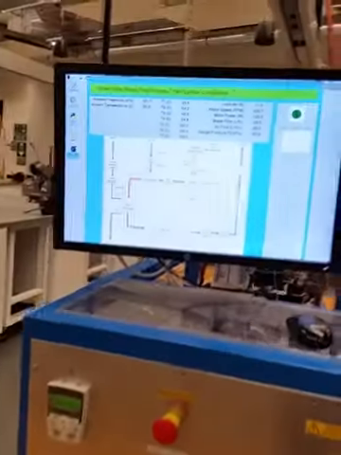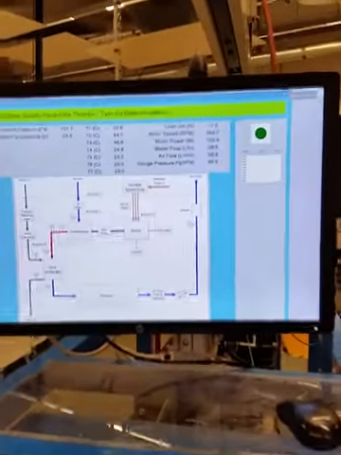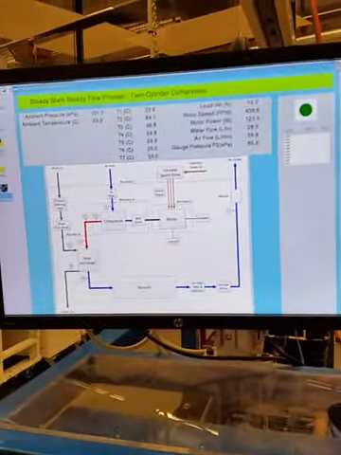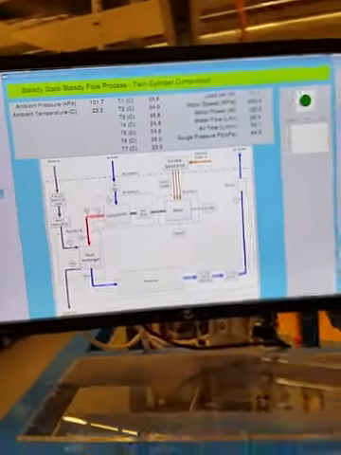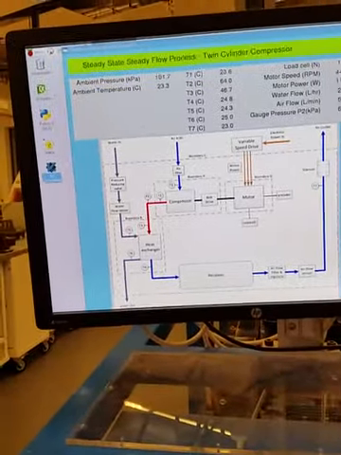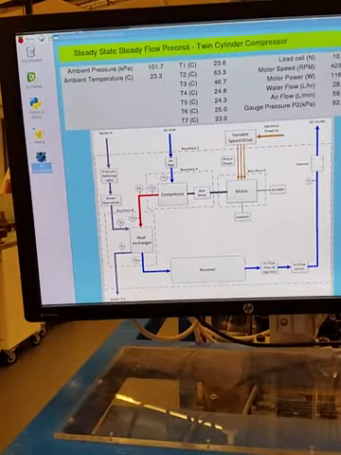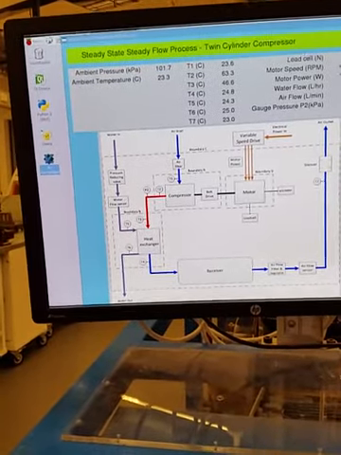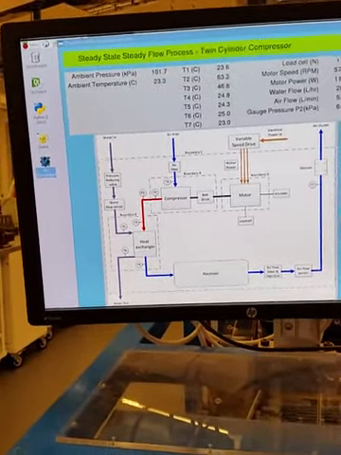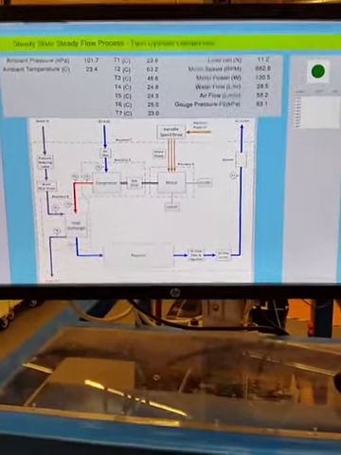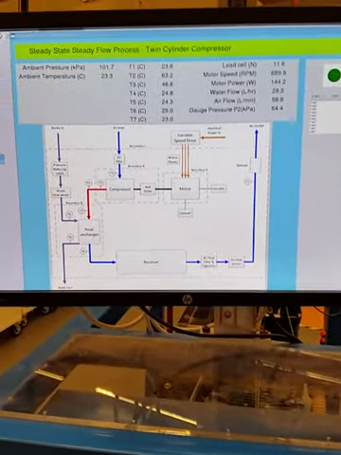As you may have noticed, at the moment I'm keeping the motor speed very low because the noise that the air compressor makes when we go up with the motor speed is quite high.